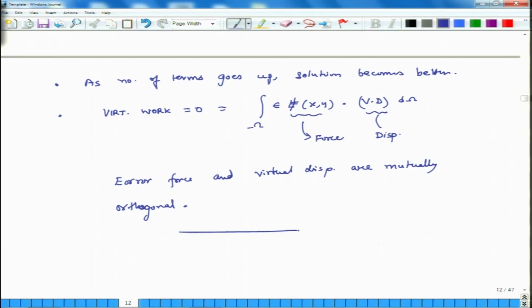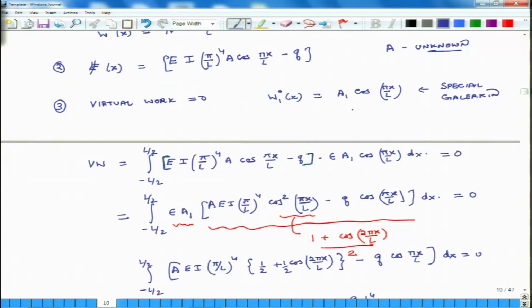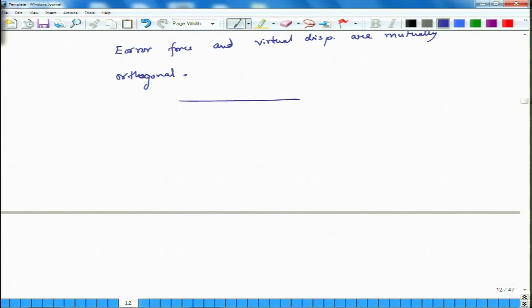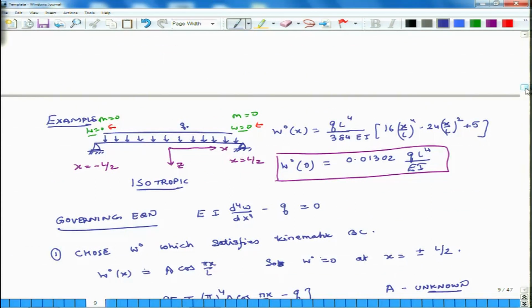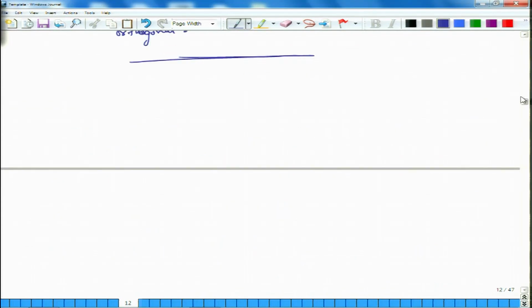Now, here I had chosen special Galerkin methods where the virtual displacement was chosen as A1 times cosine of pi x divided by L, but I could have chosen a different function. I could have chosen a different function also for W. So, in this case I could have chosen x minus L by 2 times x plus L by 2 times W1.